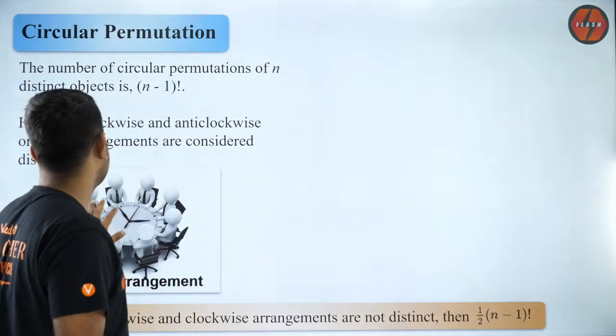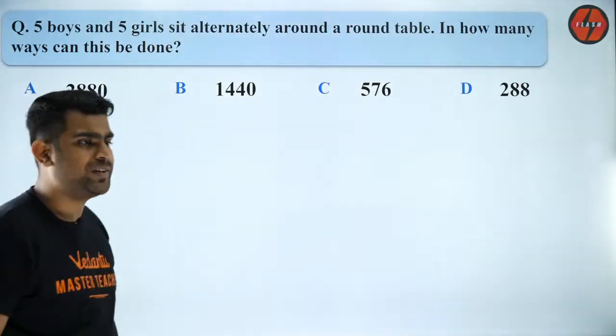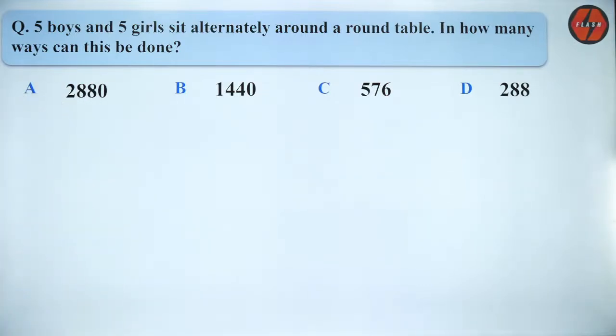Let's go to questions now. Please solve it, all of you. Yes, for wheels as well, Shreya, you're right. Anything which you can look at from the front as well as from the back, there you'll have to divide by 2.